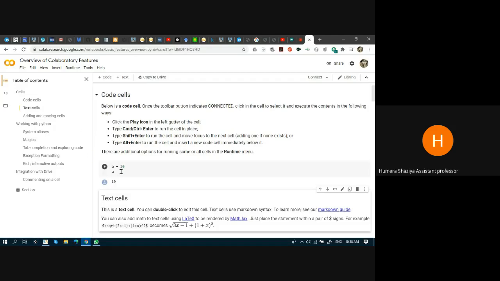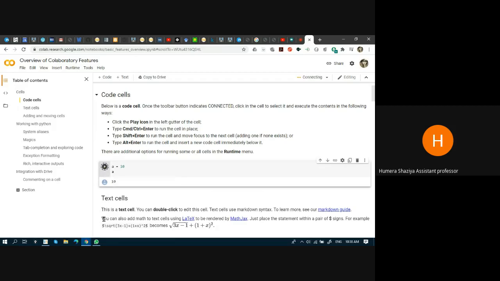And look at this. This is a cell. This is the play icon. When you click on the play icon, it just rotates because it is executing. And we got the result here. Because we initialized A as 10 and printing A, with the print statement you can directly print the variable.